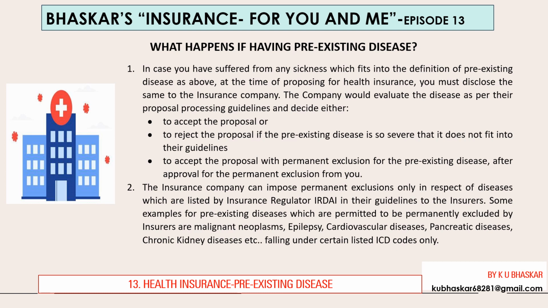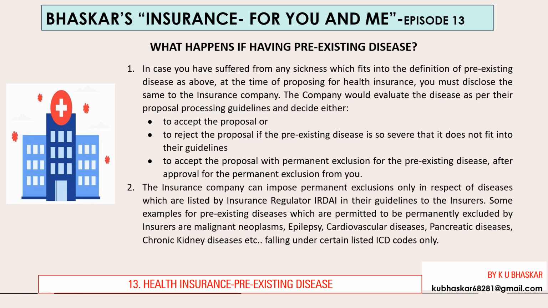The company would evaluate the disease as per their proposal processing guidelines or the underwriting guidelines and decide either to accept the proposal or to reject the proposal if the pre-existing disease is so severe that it does not fit into their guidelines, or to accept the proposal with permanent exclusion for the pre-existing disease after approval for the permanent exclusions from you.